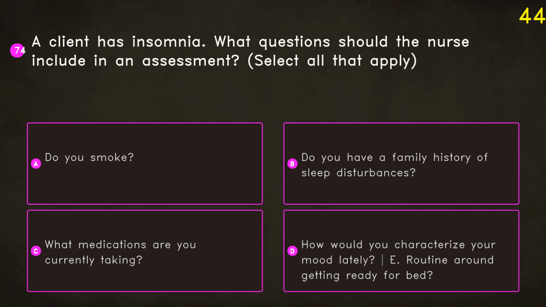Question 74. A client has insomnia. What questions should the nurse include in an assessment? Select all that apply. A. Do you smoke? B. Do you have a family history of sleep disturbances? C. What medications are you currently taking? D. How would you characterize your mood lately? E. Routine around getting ready for bed?